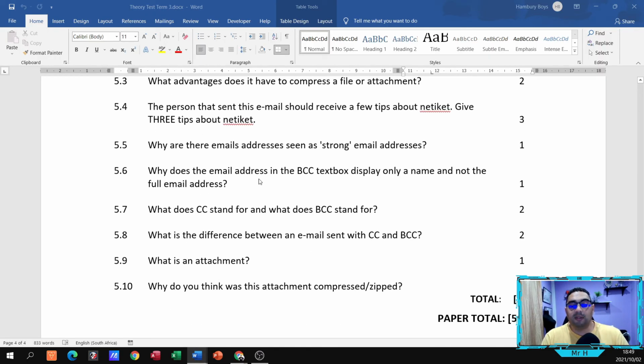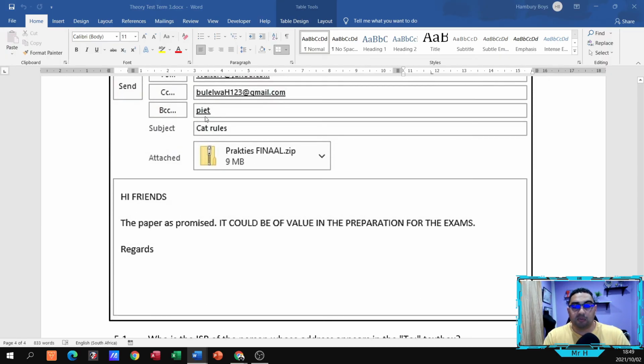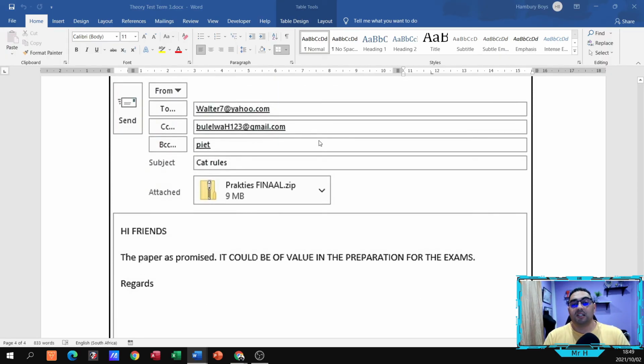5.6. Why does the email address in the BCC text box display only a name and not the full address? Well, you can see here it's displayed as Pitt, because this person has saved the person's email address to the address book in your email program, and they've given that particular name Pitt. So it's like saving a contact on your phone.